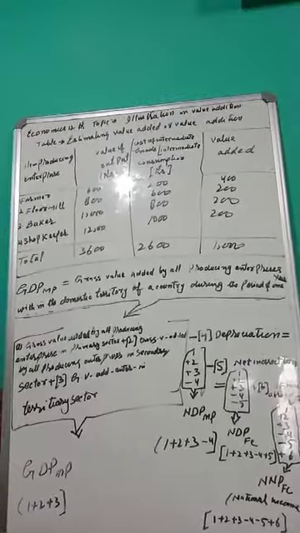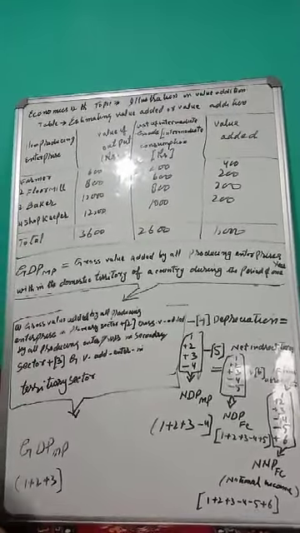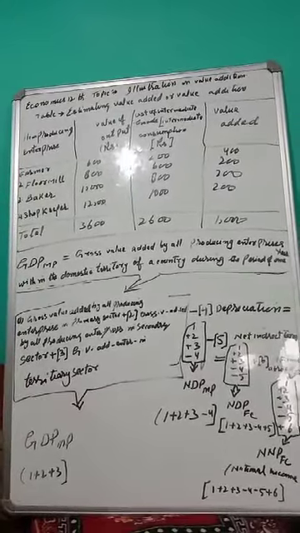What is the equation? GDP at market price minus depreciation is equal to NDP at market price; minus net indirect taxes is equal to NDP at factor cost; plus net factor income from abroad is equal to net national product at factor cost.